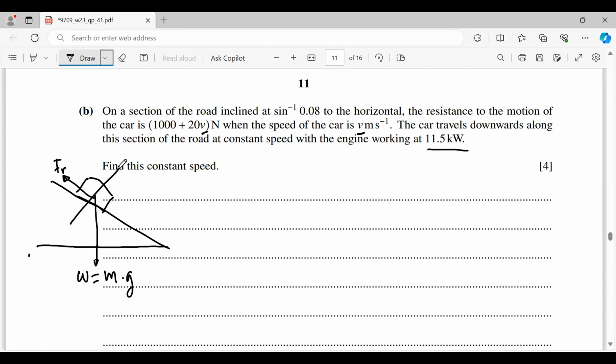After that, the normal force is mg cosine theta, if this is theta, and downwards, mg sine theta. Sine theta is this one, 0.08.